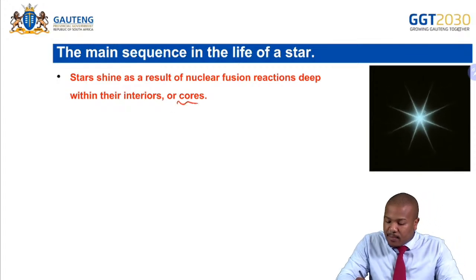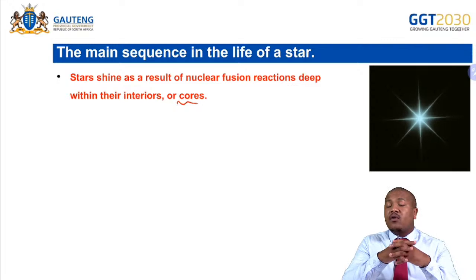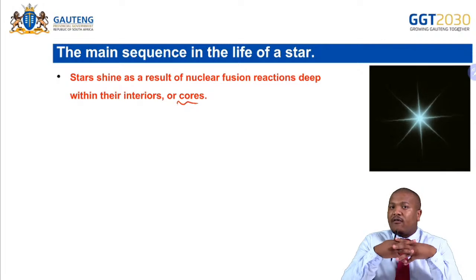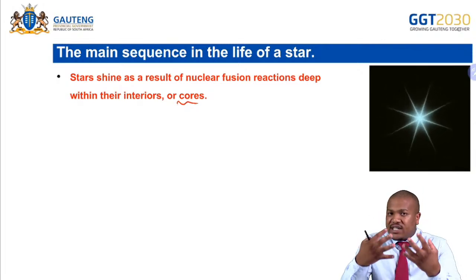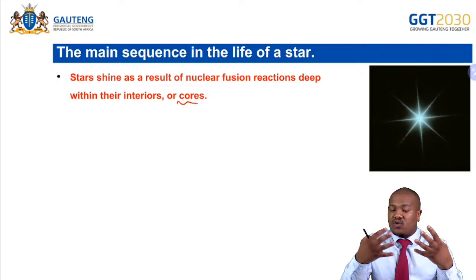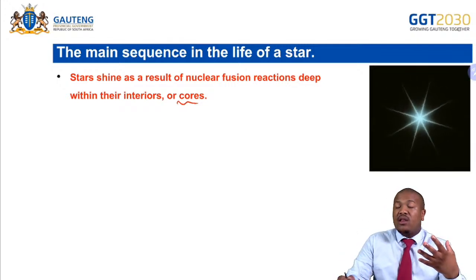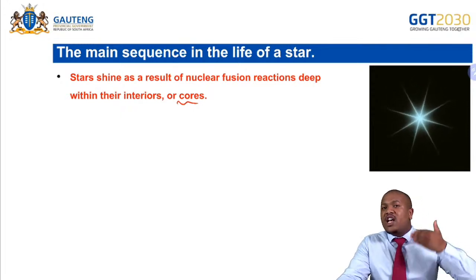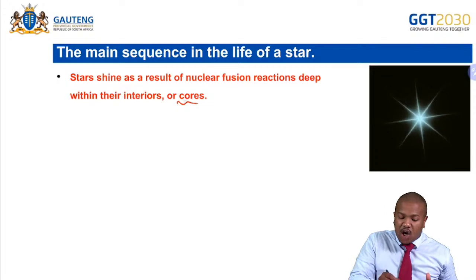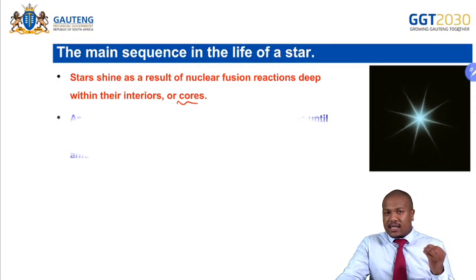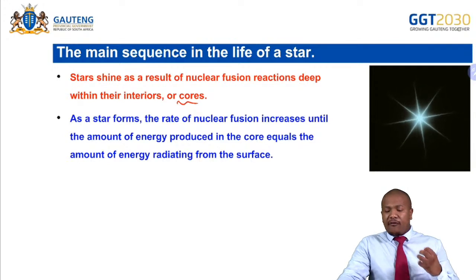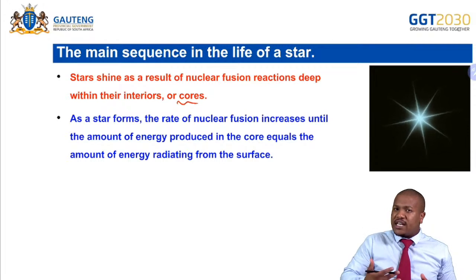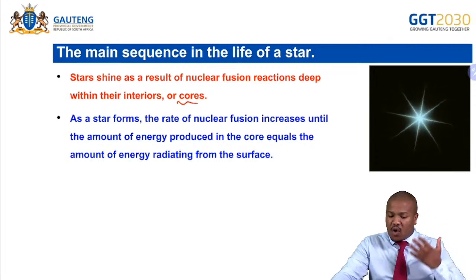So here's an example of a star being born from that nebula, which is a collection of dust and gas particles, forming a protostar, with nuclear fusion taking place as the temperatures continue to rise, enabling the star to shine. This is because of the continuous nuclear fusion taking place at the core of stars. As a star forms, the rate of nuclear fusion also increases. The more the nuclear fusion takes place, the more the star keeps on shining.